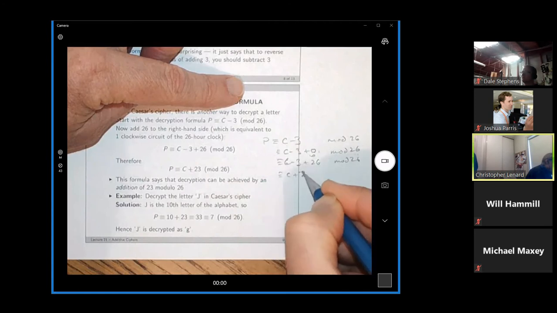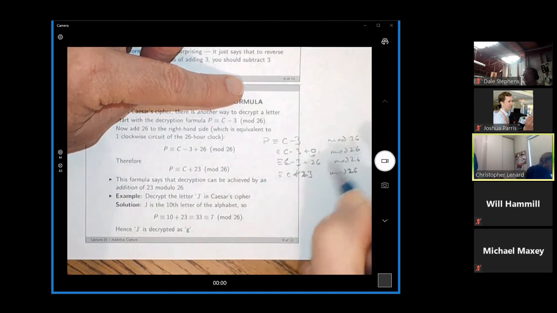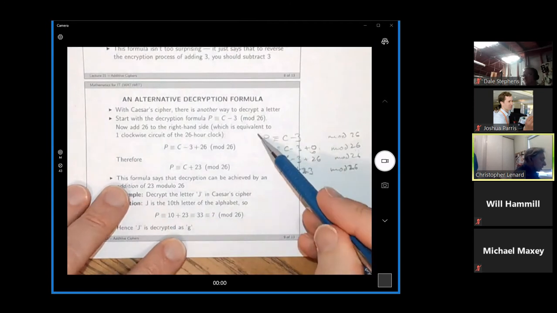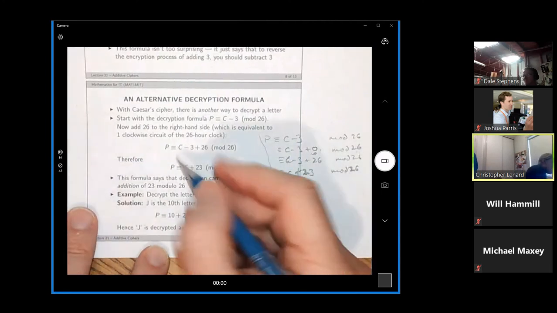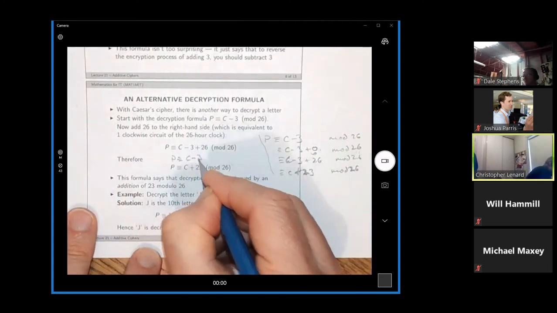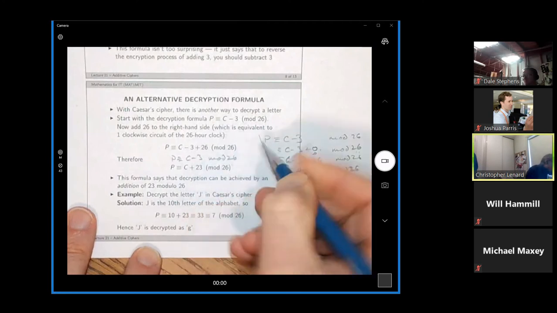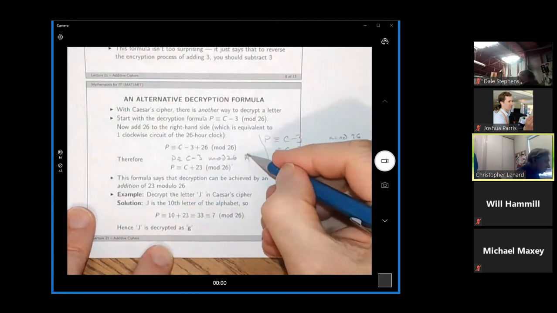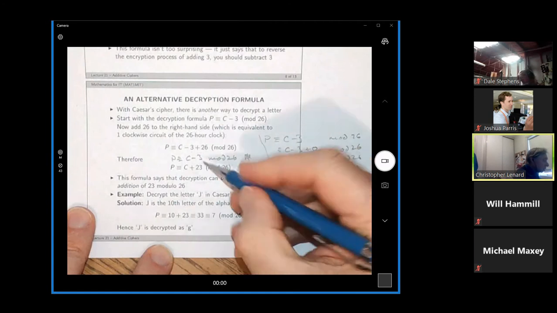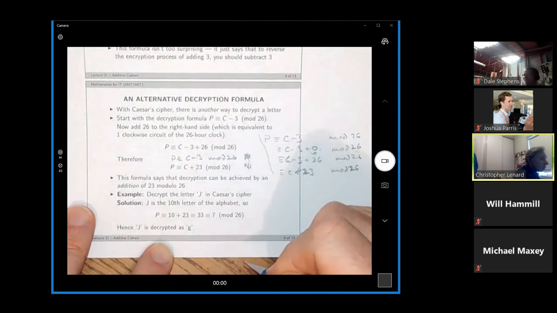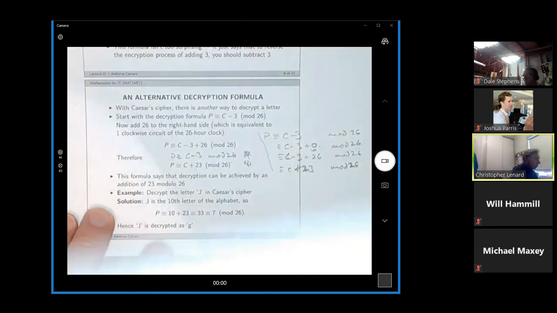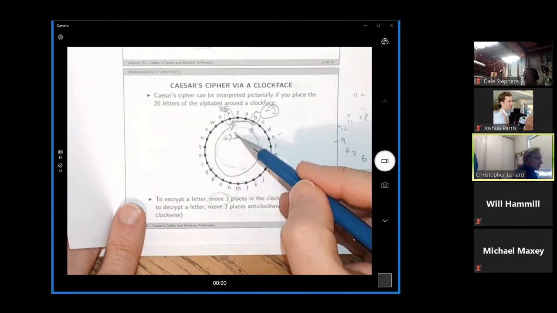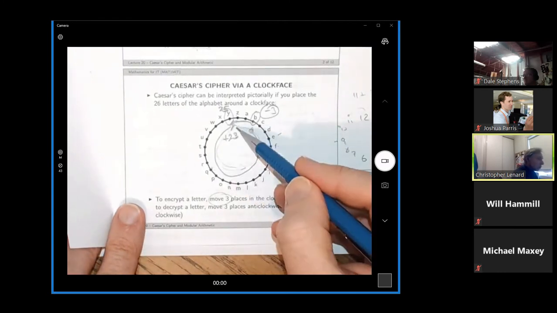And minus 3 plus 26 is plus 23. So this is the formal way of justifying that the original decryption technique of subtracting 3 is actually the same as adding 23. So either think about it in terms of this: subtracting 3 is the same as adding 23.